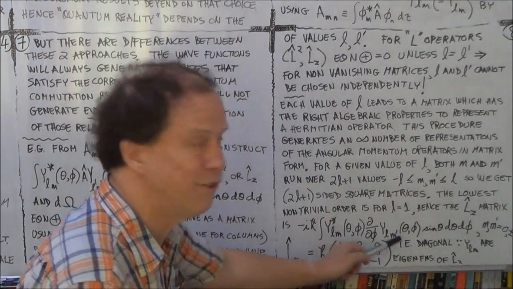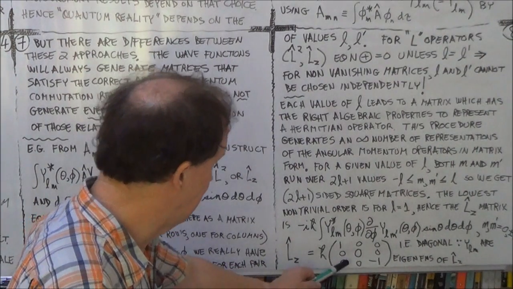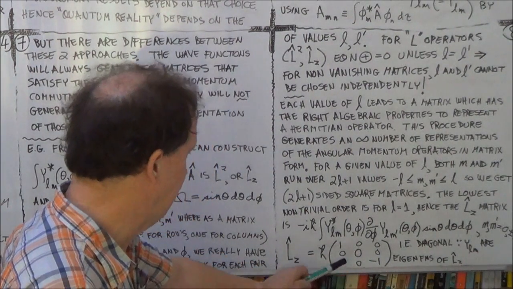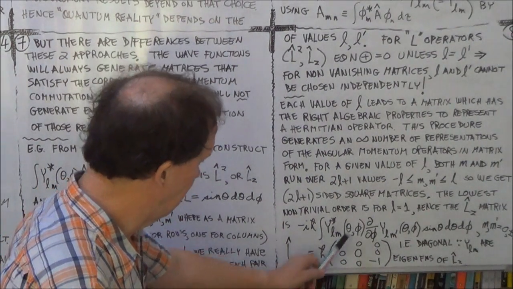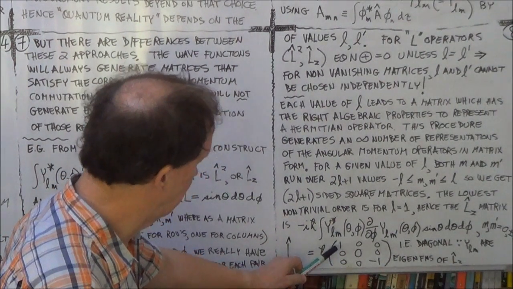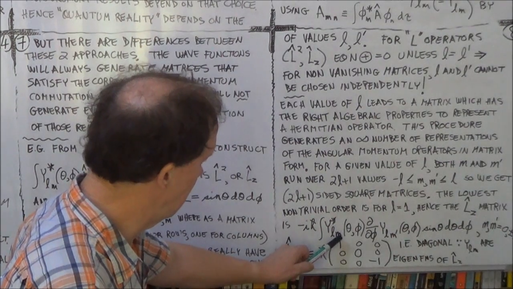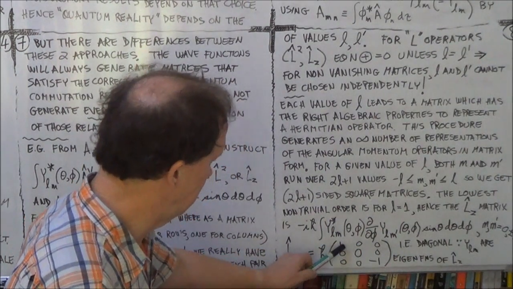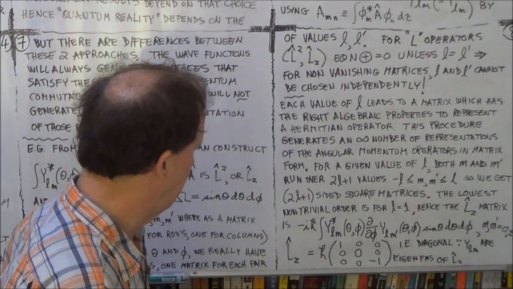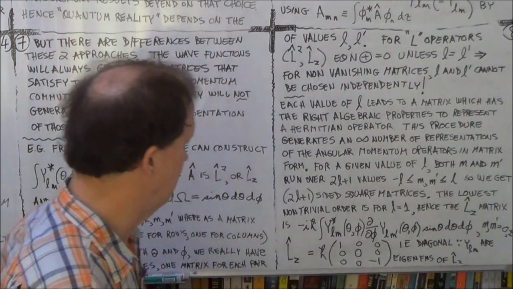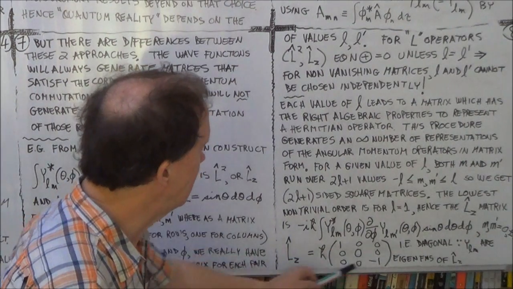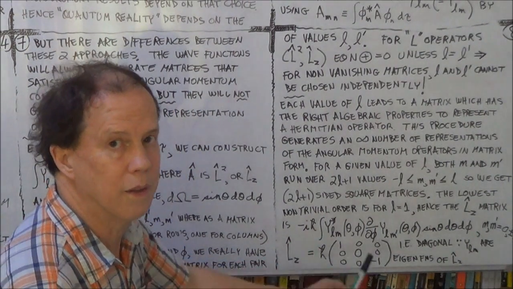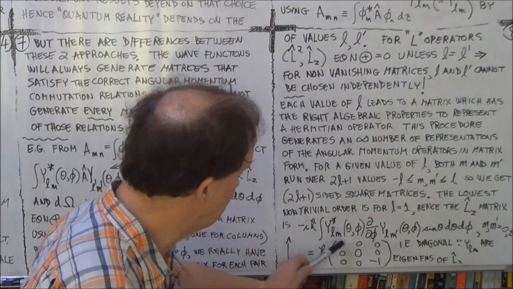So you get 9 different cases. For 7 of them, you get 0, and for one value you get a 1 here. So when M is 1, M dashed is 1, you get that. Is that right? Or maybe this one? I'm not sure. Well, anyway, the matrix representation is of this form.